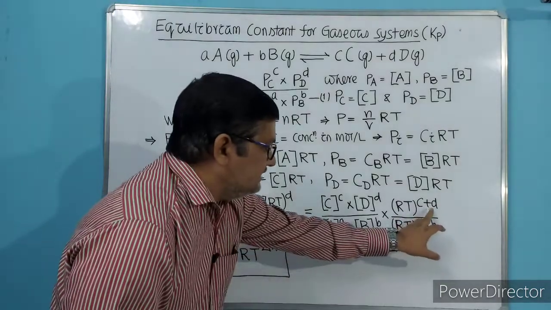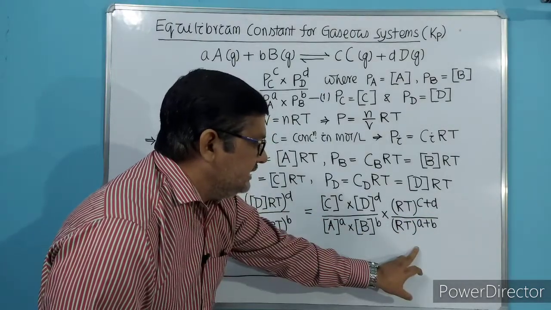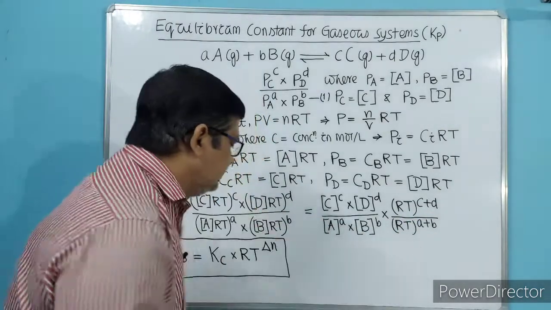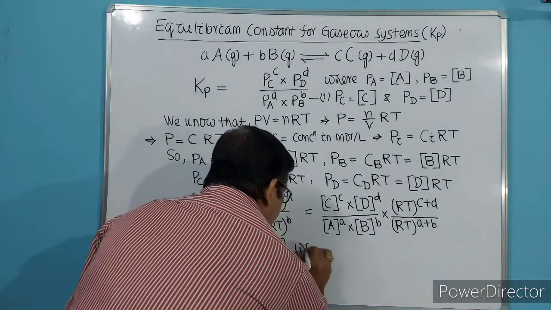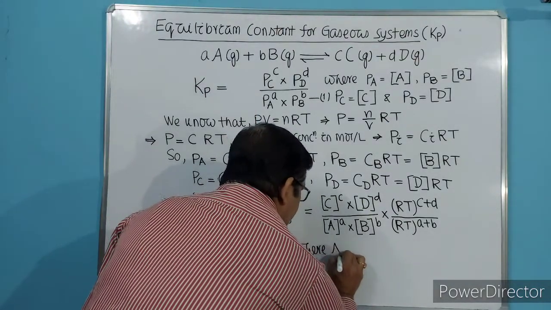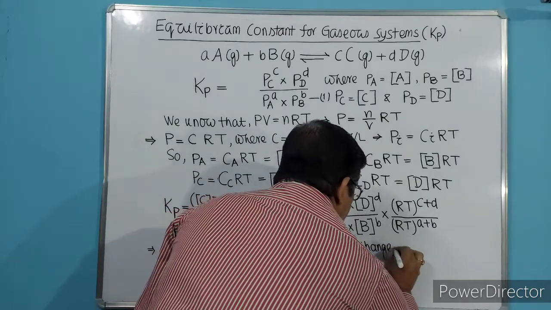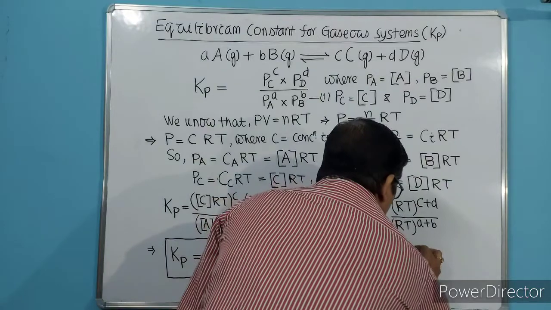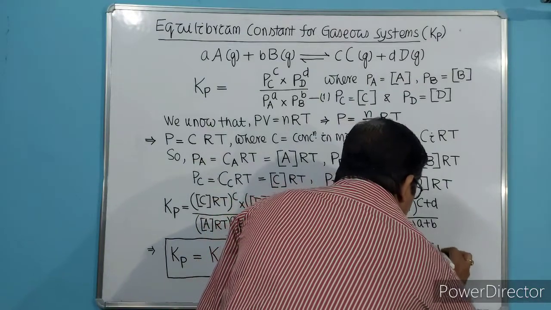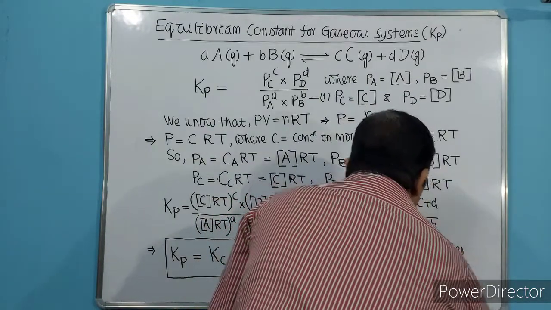RT to the power C plus D divided by RT to the power A plus B, which gives RT to the power del N. Where del N is the change in number of moles, product minus reactant.